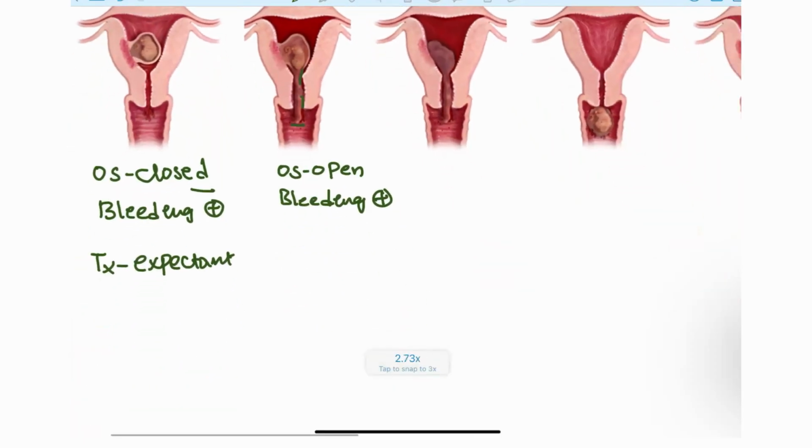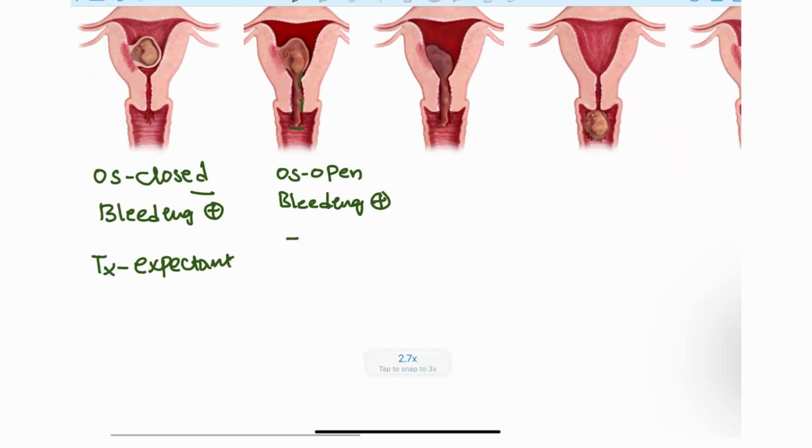With the os open, there is a high chance of increased bleeding, which can cause anemia or hemorrhagic shock. So as an emergency, we have to go for medical or surgical abortion, and immediately remove whatever products are present in the patient.